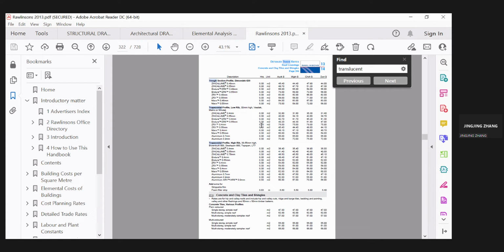Aren't we saying that if there are two materials available, always choose the higher one? So we don't need to calculate the precise price, because this is estimation, Jingjing. You're not doing the precise one. The precise one would be done by the tenderer, by the estimator, and he will also put some estimation or some contingencies on top.